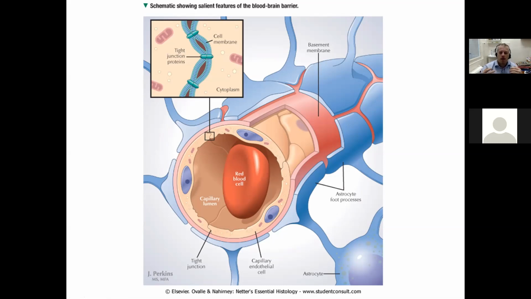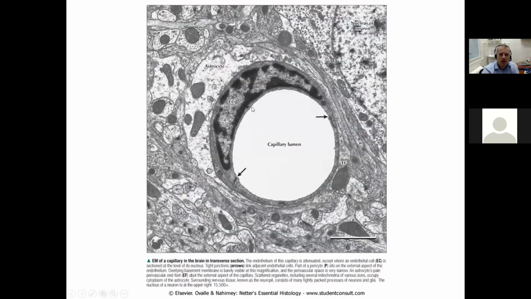Now we have advanced generations of antihistaminics where the molecules have been modified so that they mostly do not enter the central nervous system. So that's understanding the barrier, and this is the real picture from an electron microscope. You can see the lumen of a brain capillary.